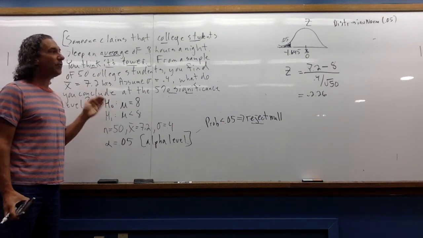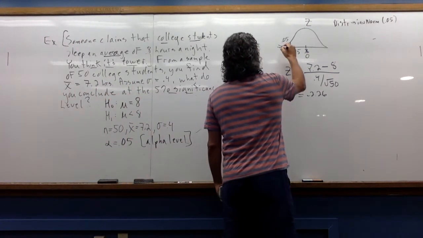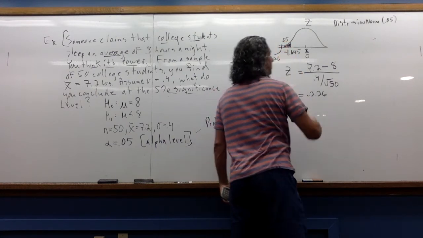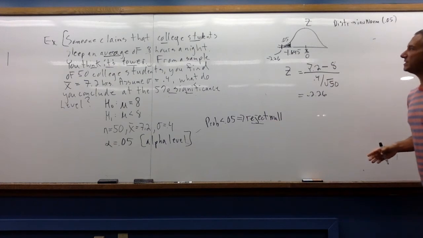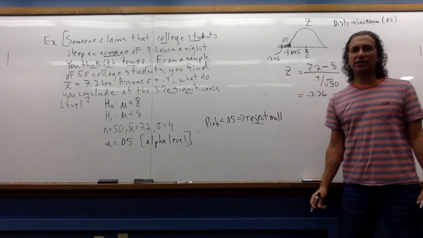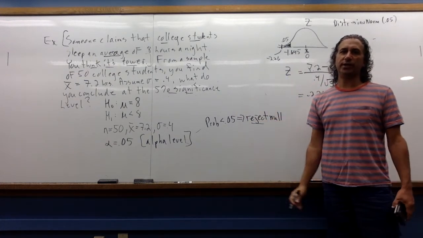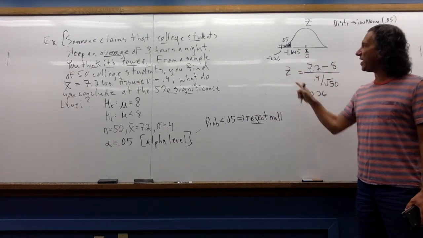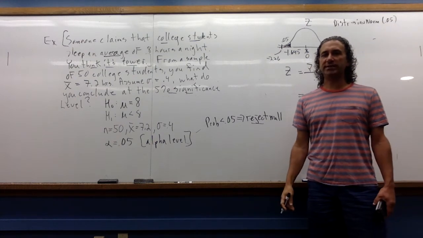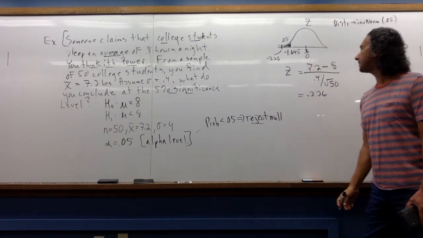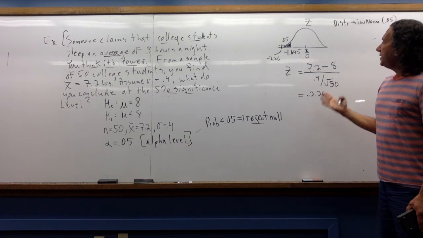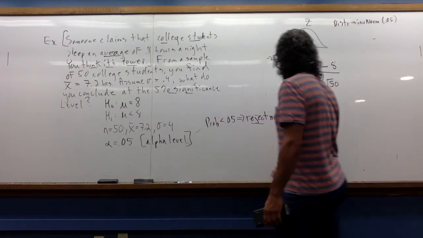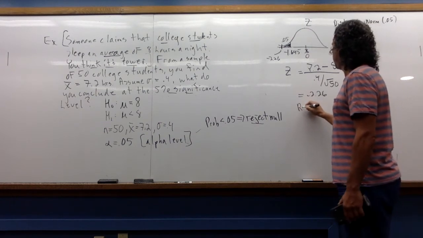Hopefully you said you don't believe it, because you got minus 2.26, which is out here somewhere. That's less than minus 1.645, so it lives in our rejection region, our critical region. It's far away from the mean, as we're defining it. Therefore, we don't believe this, and we will reject the null hypothesis.